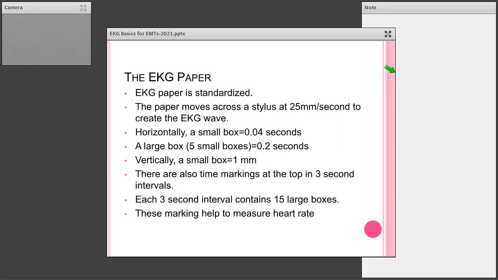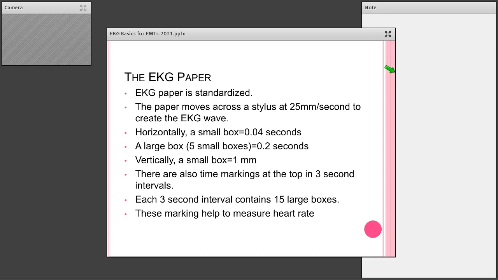So the paper is standardized, and in the machine, it moves across a stylet to create that EKG wave. If we're going across, a small box is 0.04 seconds, and we're going to count some boxes here. 5 small boxes make up a large box, and the lines are a little darker or heavier around the large boxes.